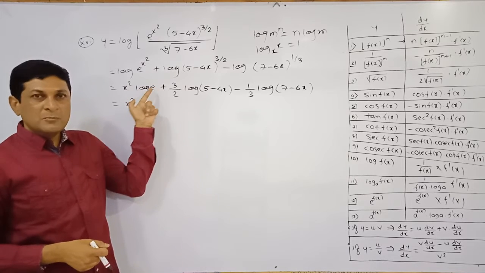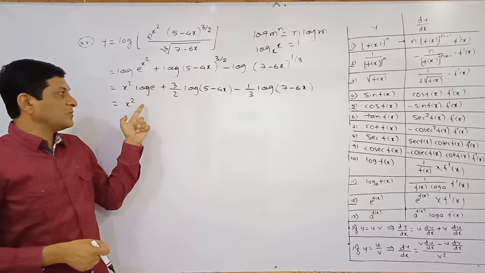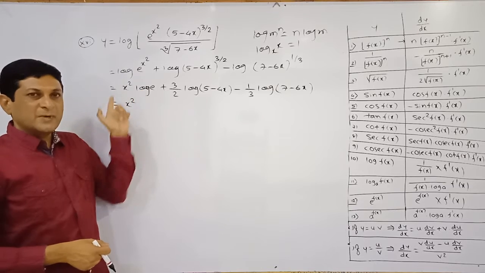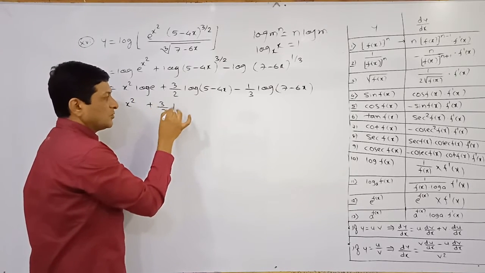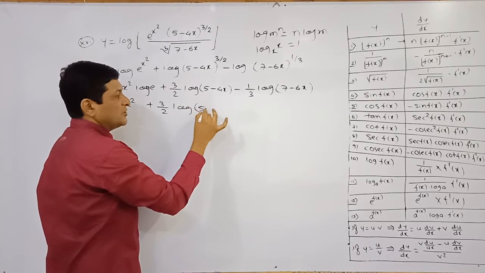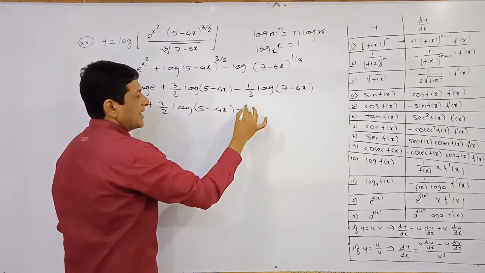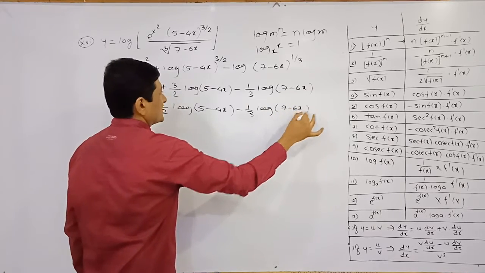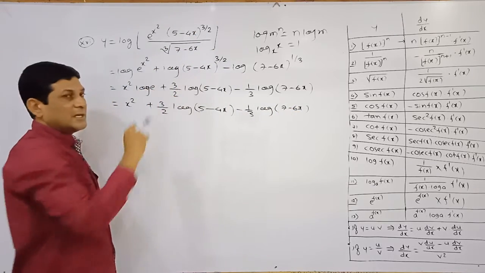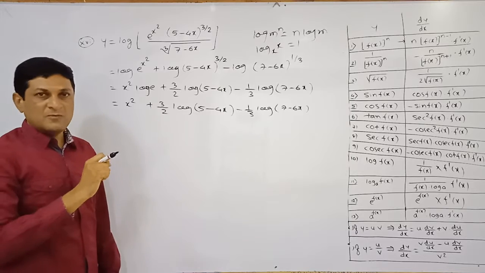So 1 into x square is x square. Keep the remaining terms as they are: 3 by 2 log of 5 minus 4x minus 1 by 3 log of 7 minus 6x. We have simplified this expression by applying the laws of logarithm.